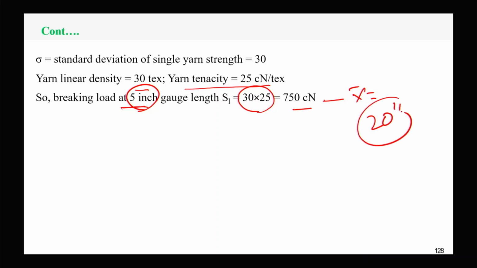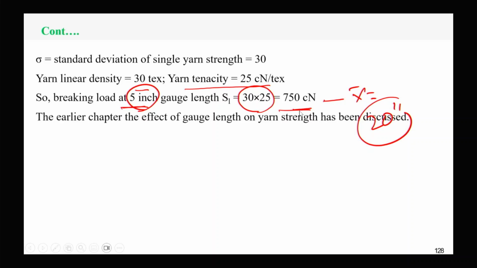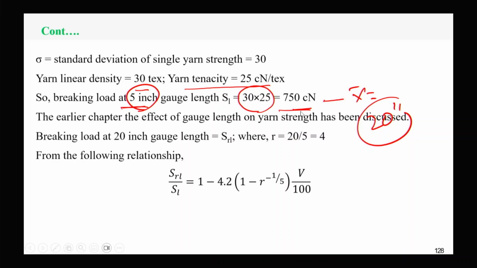At a 5-inch gauge length the strength is 750 centinewton. To convert it to 20-inch, we must use the relationship we have discussed, where R will be 20 by 5. 5 is given, we want 20, so R is 4.